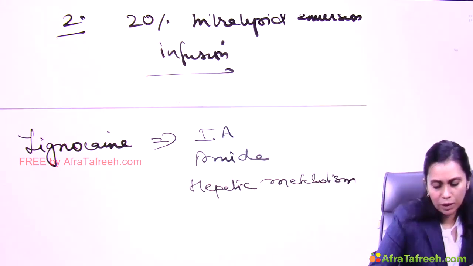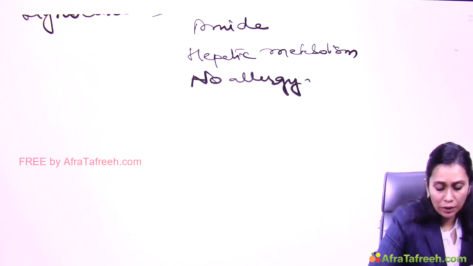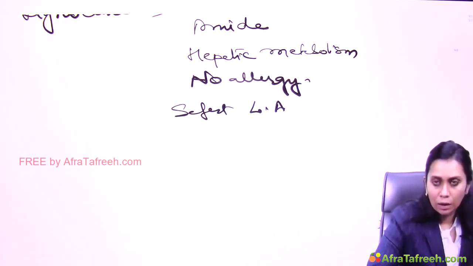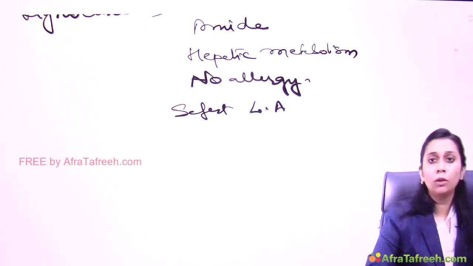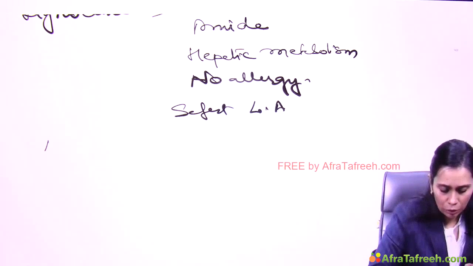Then we know there is no allergy associated with it. Then we know it is the safest local anesthetic. Guys, safest LA, the only LA which can be given intravenously, we discussed. And this is the local anesthetic of choice.